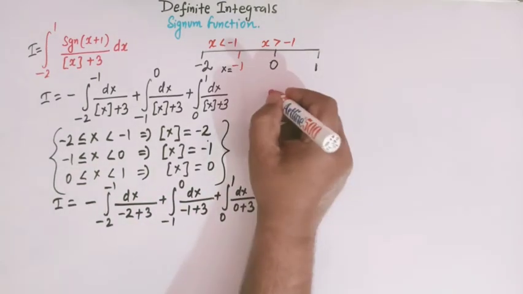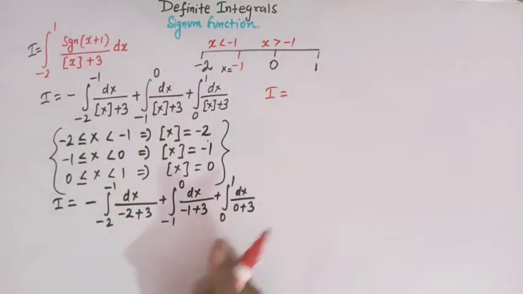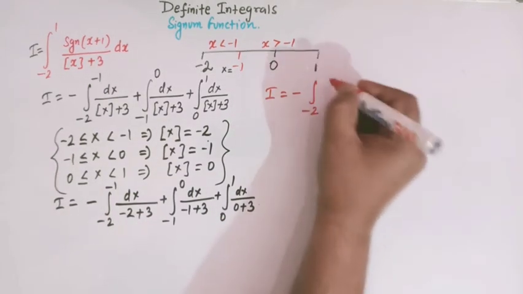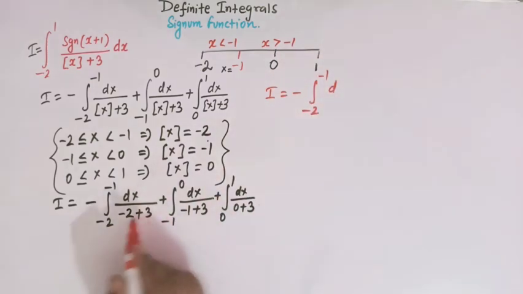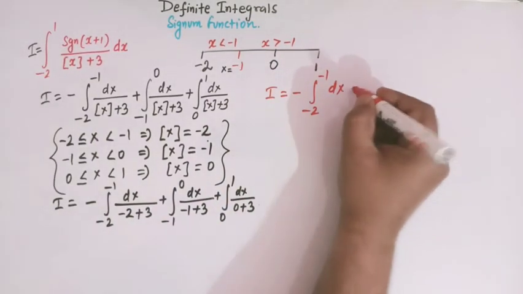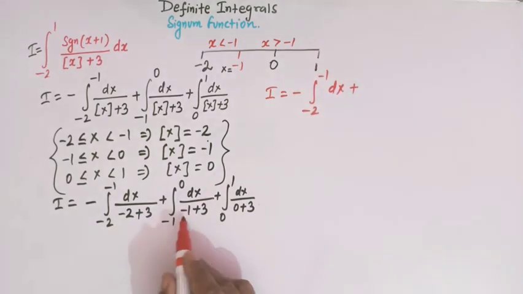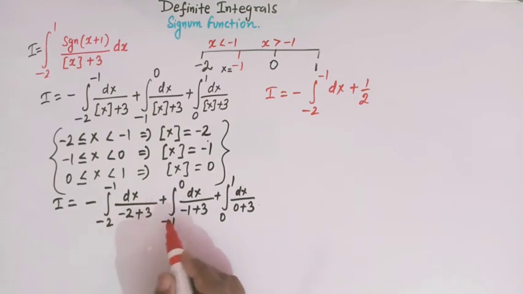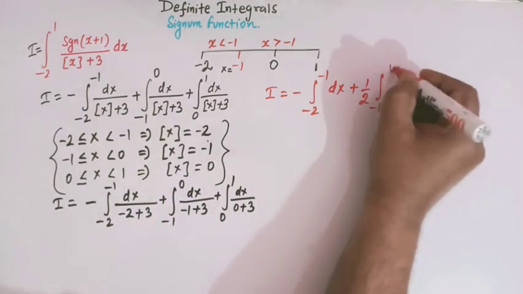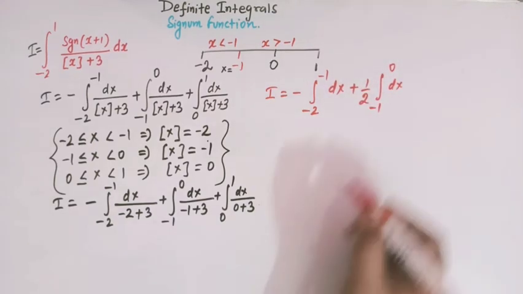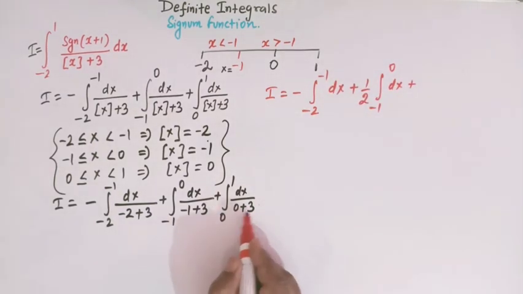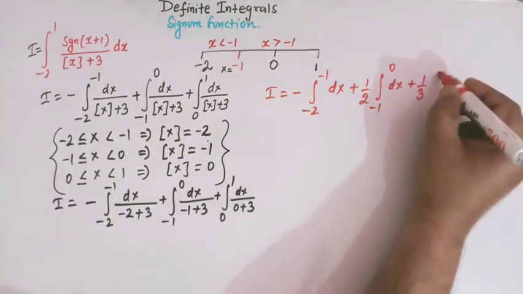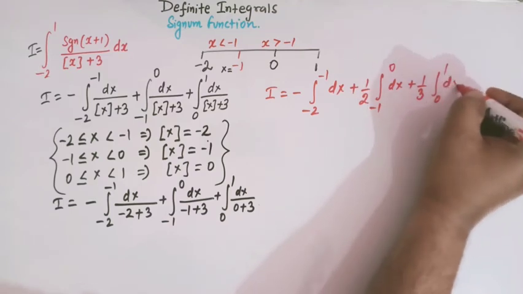So now we can further simplify these three integrals as 3 minus 2 is 1, so we have -2 to -1, and we are left with only dx, right? And here 3 minus 1 is 2, so we have 1 over 2 outside the integral, and we have -1 to 0, and we have dx, right? And here we have 0 plus 3 is 3, so we have 1 over 3 outside the integral, and we have 0 to 1 and dx, right?